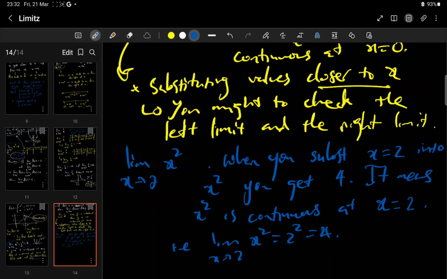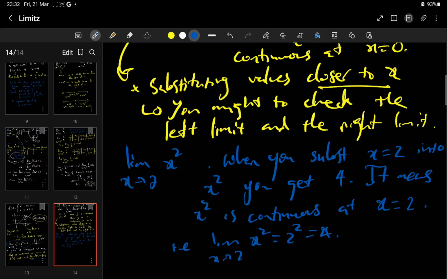I hope this makes sense. I think it's important to know when you substitute and when you do not substitute. You substitute if, when you substitute, the value exists, which means that the function is continuous at that point.